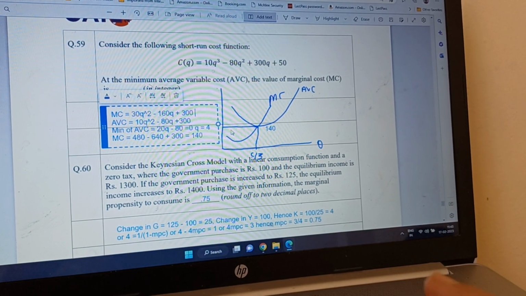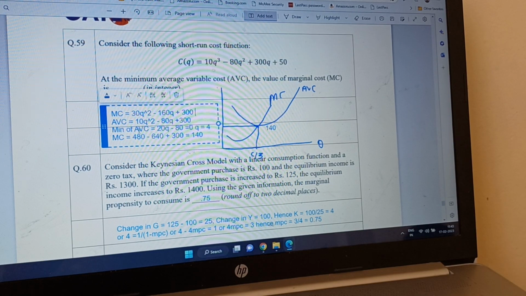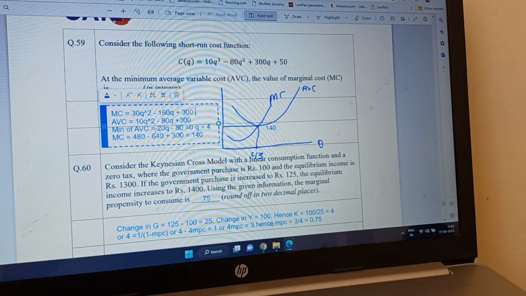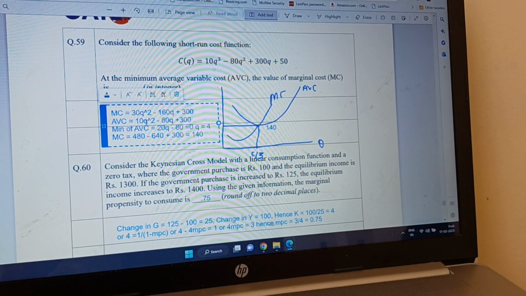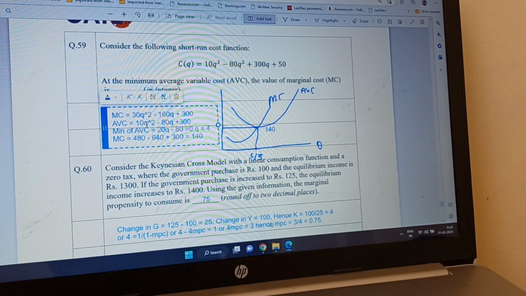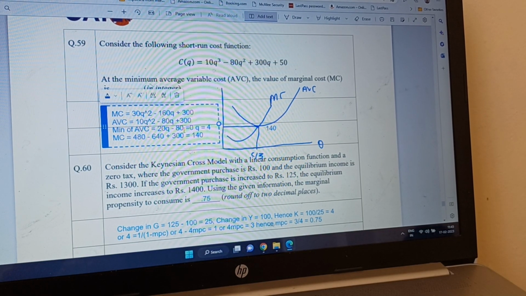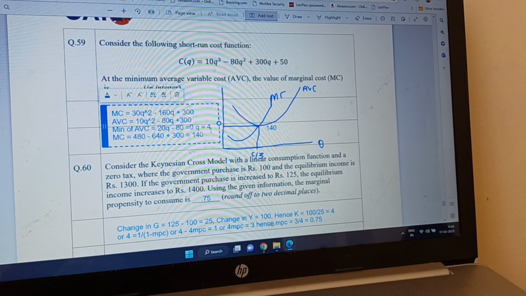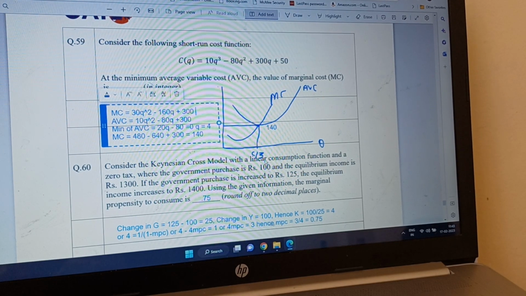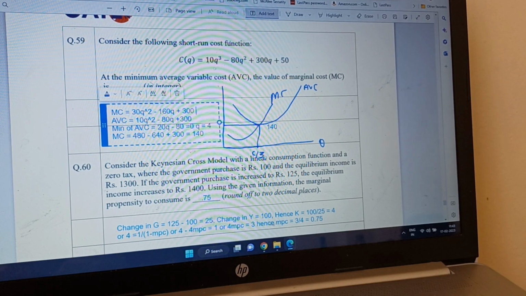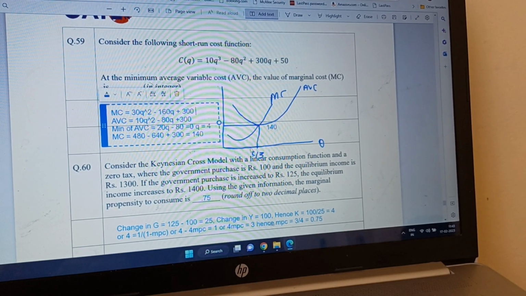So let's see what is the answer. So minimum of average variable cost, we take the derivative of this and equate it to 0, so that we meet the first order condition. So 20Q minus 80 is equal to 0, or Q is equal to 4. That's what we got.